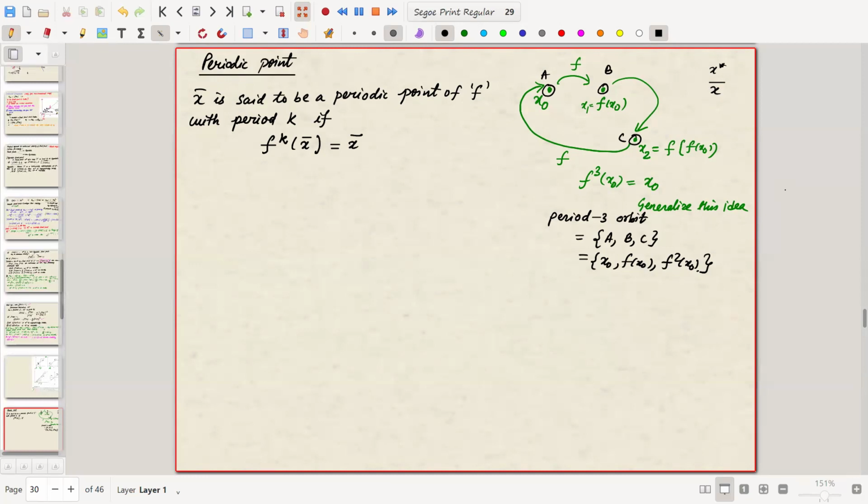Something like that. So f cubed of x naught is again x naught. So if it is a period k point, the kth iterate of f at x bar will return x bar, for some positive integer k. I did not say what k is.